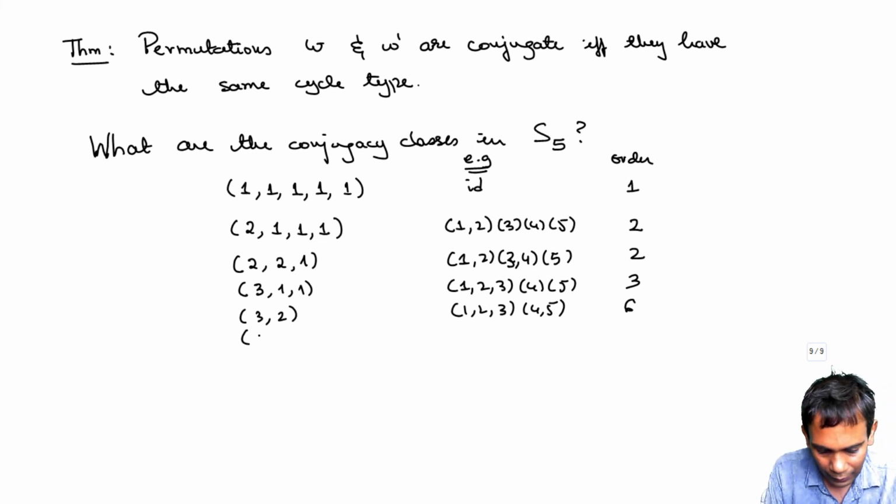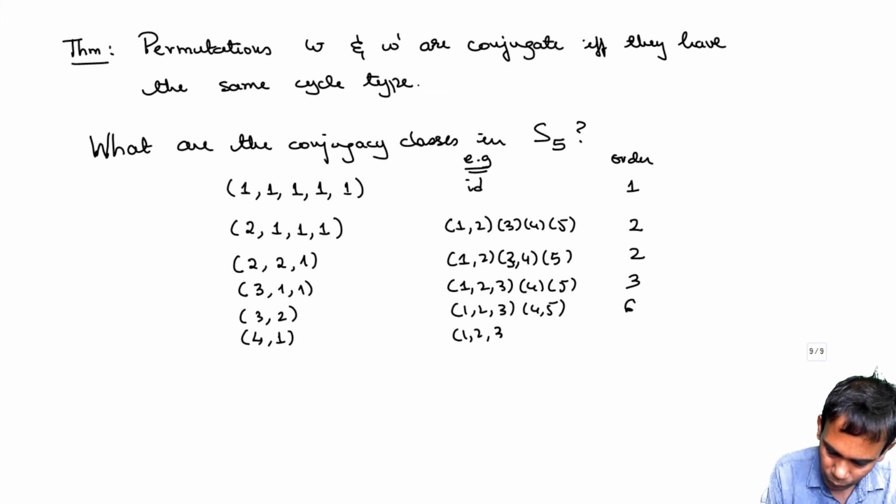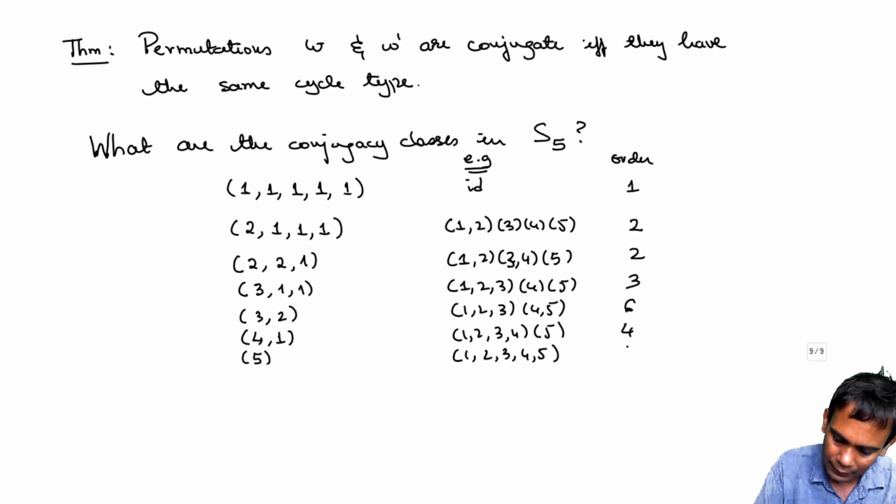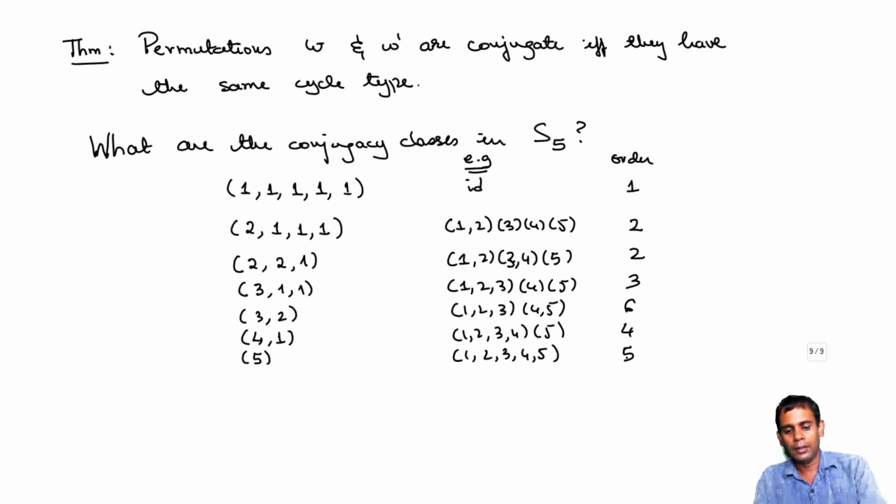And then you could have 4, 1, which is (1 2 3 4)(5). The order here is 4. And then you could have a single 5 cycle. 1 goes to 2, 2 goes to 3, 3 goes to 4, 4 goes to 5, and 5 goes to 1. This has order 5. So these are all the conjugacy classes in S5.